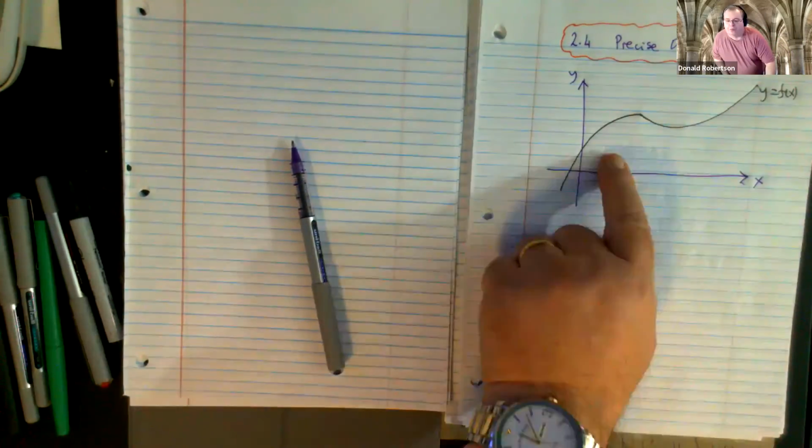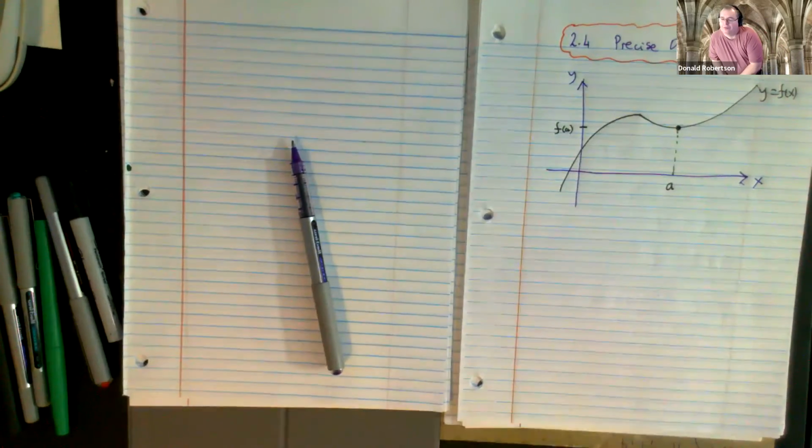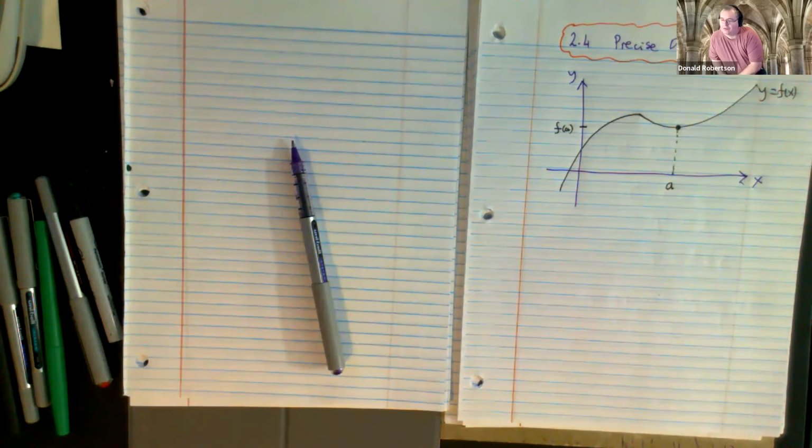It's a nice, maybe not so smooth, but nice curve. And I am interested at this point here, x equals a. At this point, x equals a, would you agree that the value of the function is f of a? That seems reasonable? Nothing special going on.